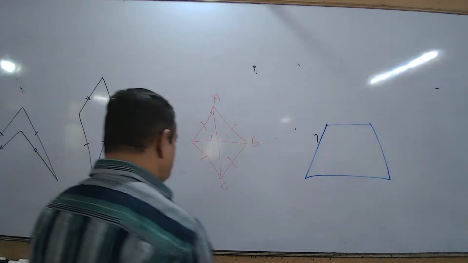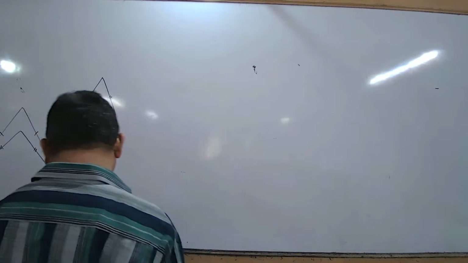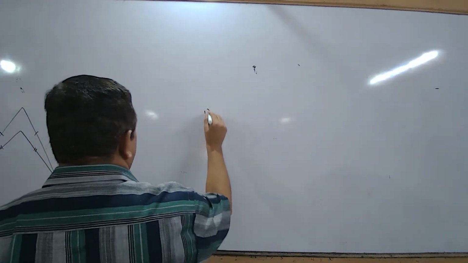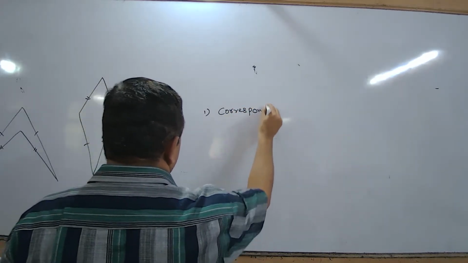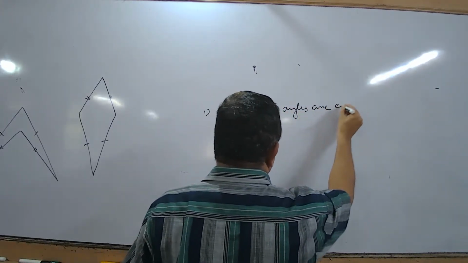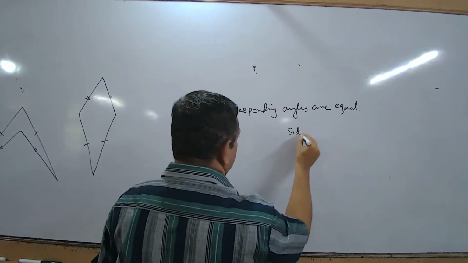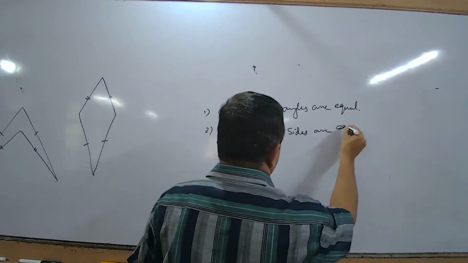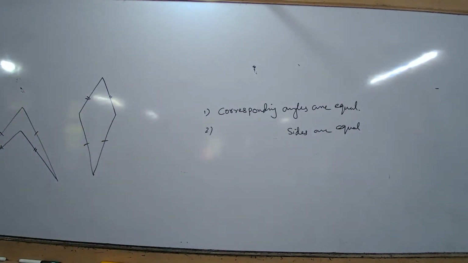Two triangles are said to be congruent if two conditions hold. One, corresponding angles are equal. Second, corresponding sides are equal. Two triangles are said to be congruent if corresponding angles are equal and corresponding sides are equal. You must have studied this in 7th standard.